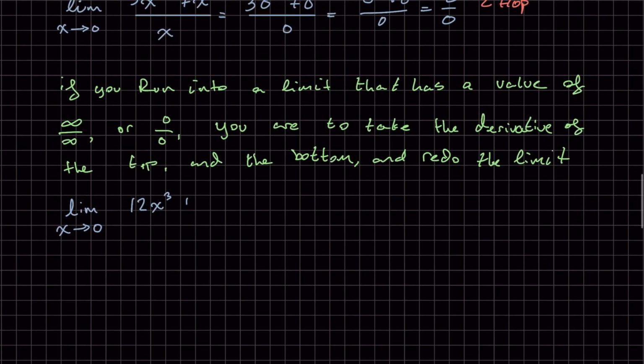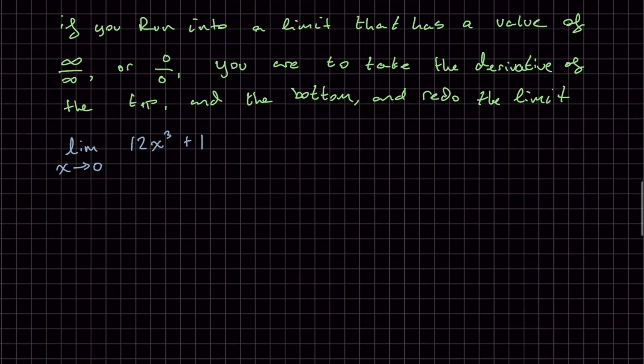We know that the derivative of x is 1, and the derivative of x is 1, which is equal to the limit as x approaches 0 of 12x cubed plus 1.